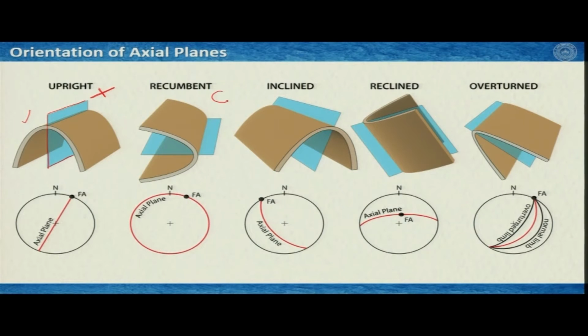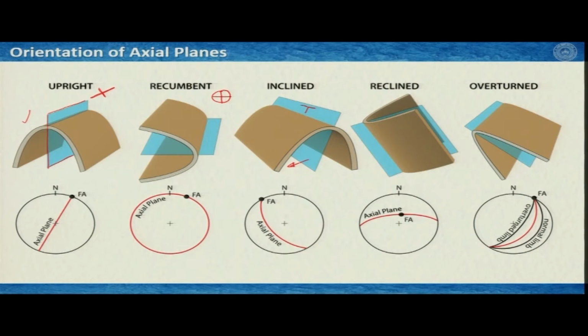So in the map, you will define it something like that. Now the inclined fold: we clearly see that this axial plane, this blue plane, is inclined, dipping towards this side. So the axial plane is neither vertical nor horizontal, it is inclined.